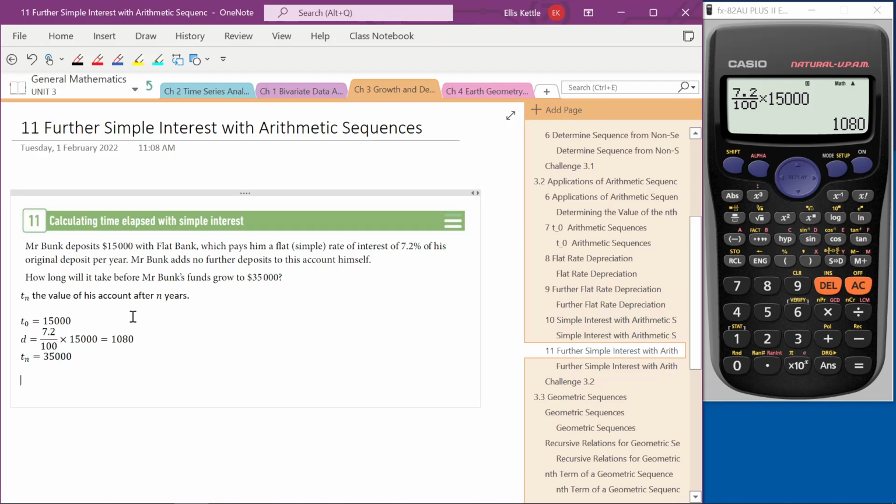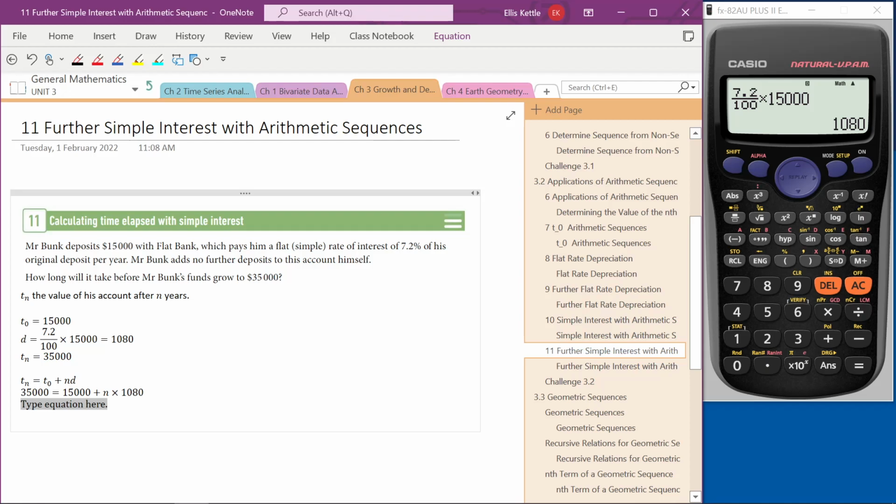Okay, so we can solve that nice and quickly. Apologies, it won't look too pretty on this, but just using the Tn rule: Tn is equal to T naught plus N d. Substitute everything we know in. We get 35,000 on the left-hand side is equal to T naught, which is 15,000, plus N, which we don't know, times D, which is 1,080.